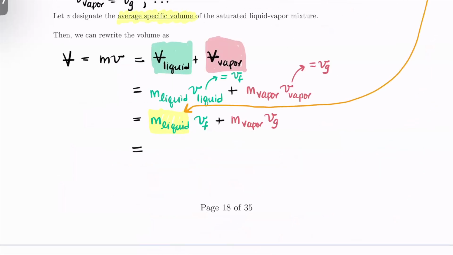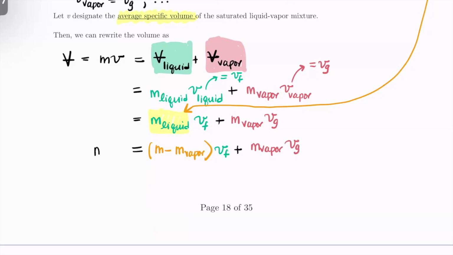And I get that M liquid is M minus M vapor, times VF plus M vapor times VG.